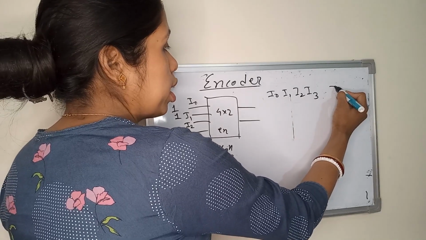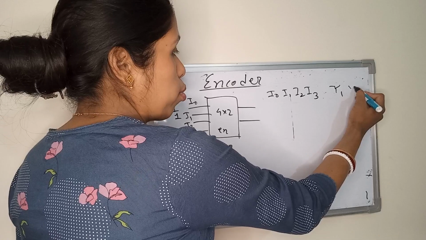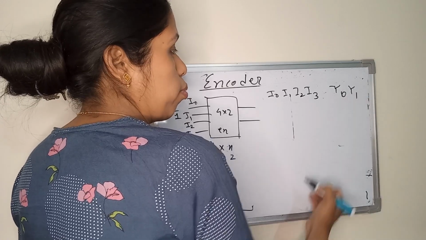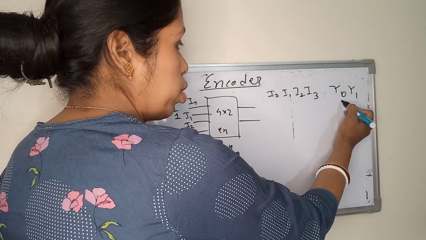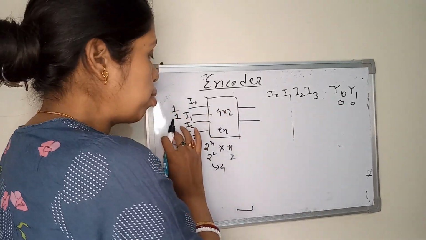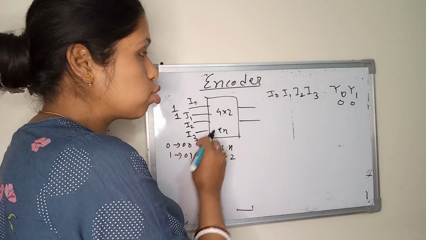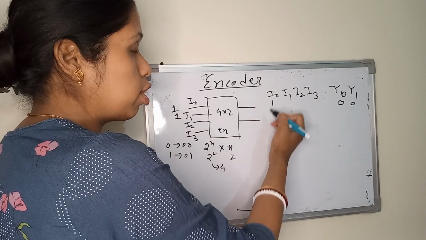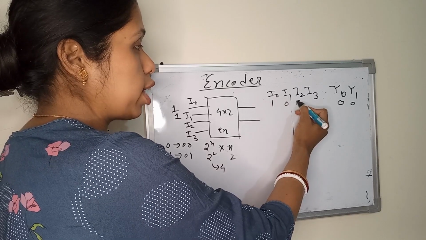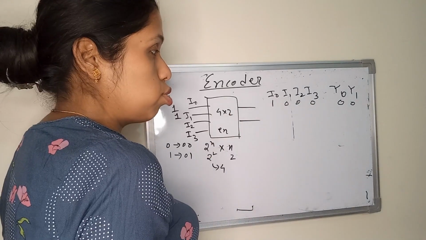Suppose I have a total of 4 input channels, and the outputs are y1 and y0. For getting 00, that is sending decimal 0, I have to send logic 1 through I0 and the other bits should be 0 0 0.